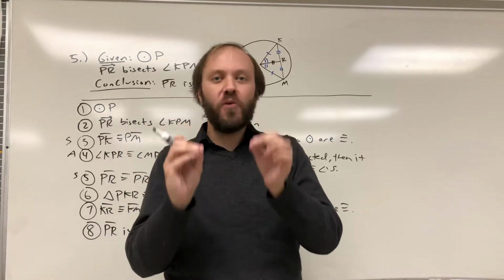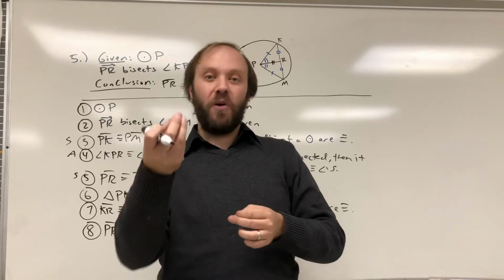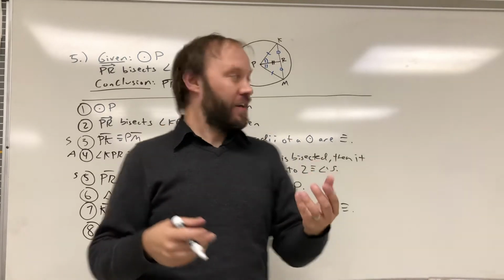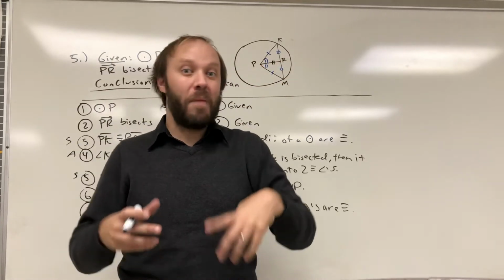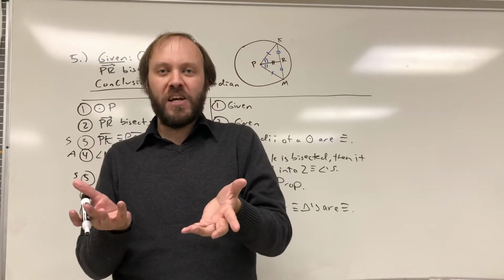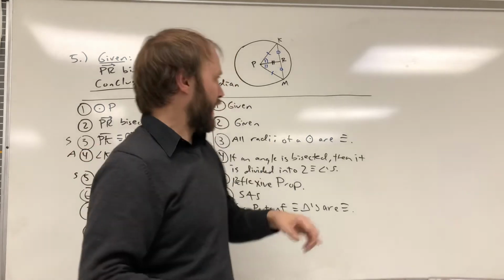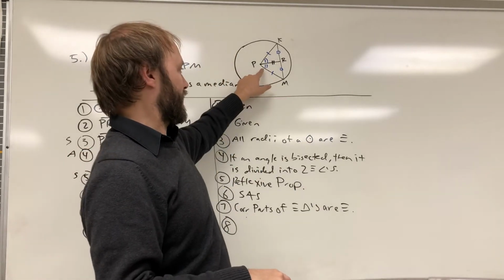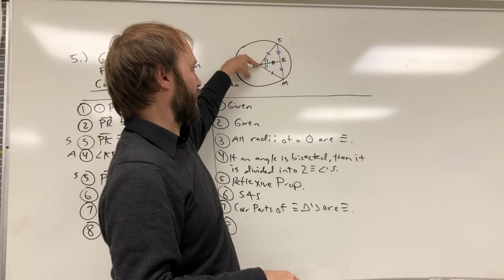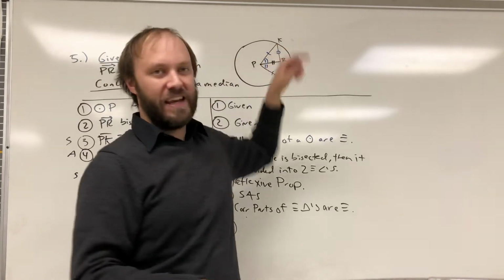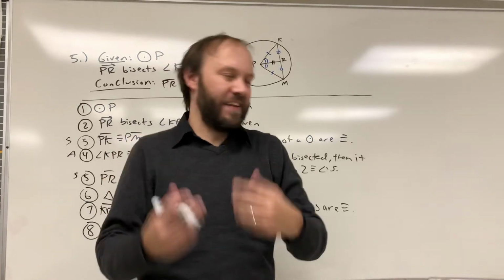If you're trying to show that you have a median, you need to meet the whole definition. So a median goes from a vertex to the midpoint of the opposite side of a triangle. Now my proof doesn't say that I have a midpoint, so we might want to use the other wording. It's a segment from a vertex of a triangle that divides the opposite side into two congruent segments, something like that.